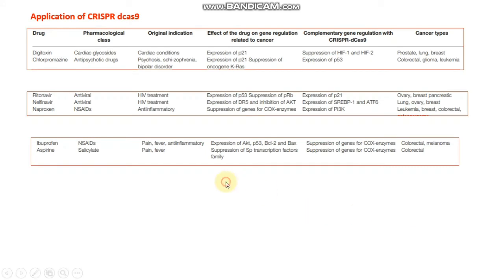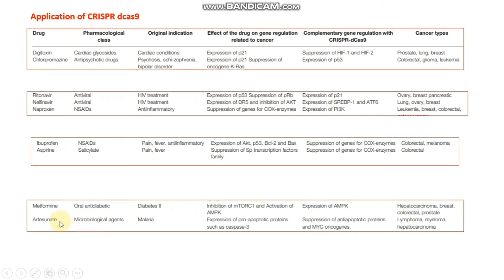Another application is metformin and artesunate. One is an anti-diabetic and the other is an antimicrobial agent. Both of these drugs are not anti-cancer drugs, but they have some mild effect on cancer, as previously. Artesunate has some effect on apoptosis markers like caspase-3, but when used with the CRISPR-Cas9 system, it has been found that there is significant suppression of anti-apoptotic proteins, and also some MYC oncogenes.